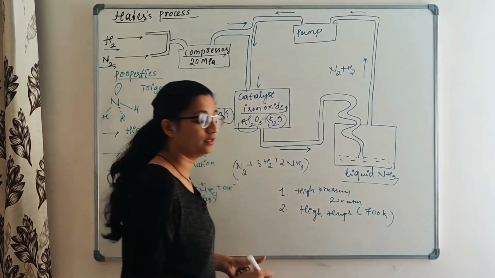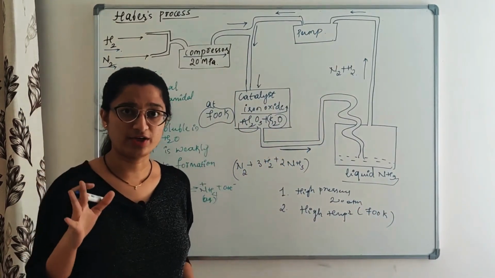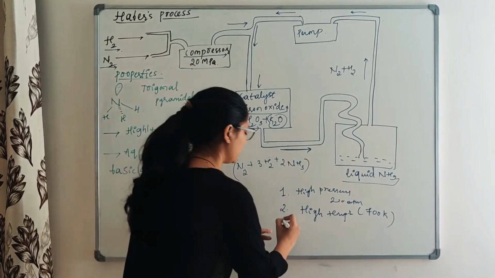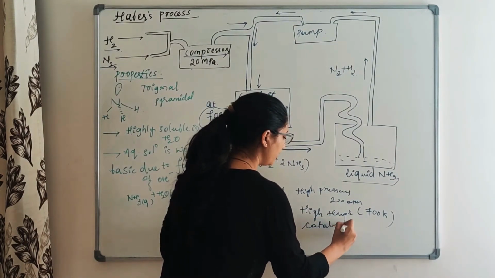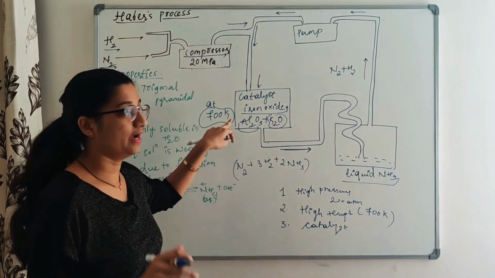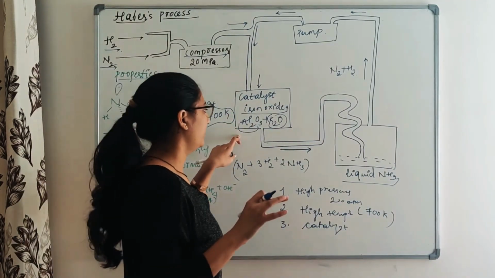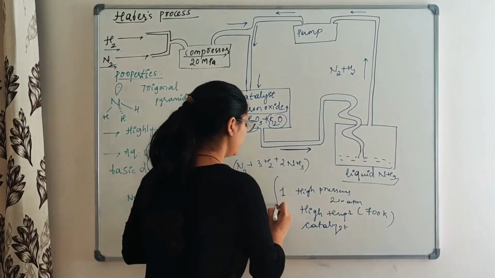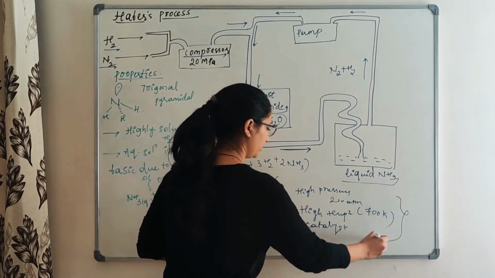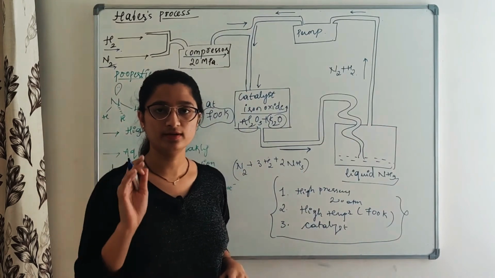Very important. The third important condition that you have to remember in the Haber's process is the catalyst. The catalyst we are using here is iron oxide and Al2O3 plus K2O. So these three are the very important conditions you have to keep in mind.